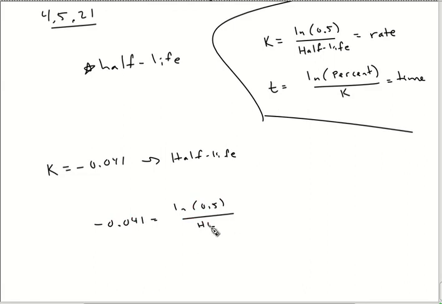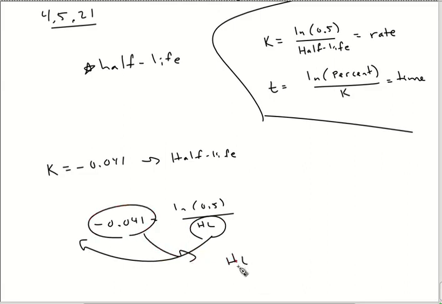I need to solve for half-life, so I multiply half-life to the other side and divide by this decimal. Half-life is equal to ln of 0.5 divided by negative 0.041. Calculator, and I got 16.906 years.